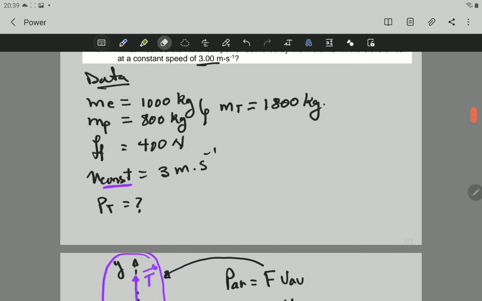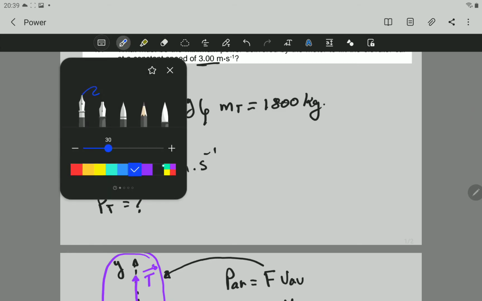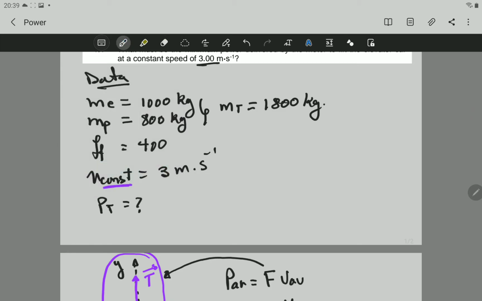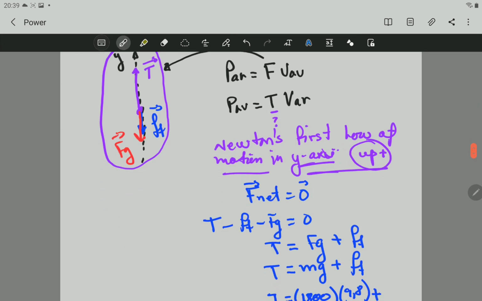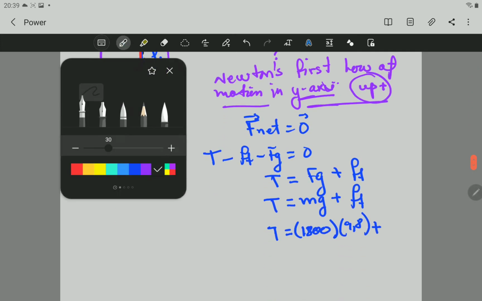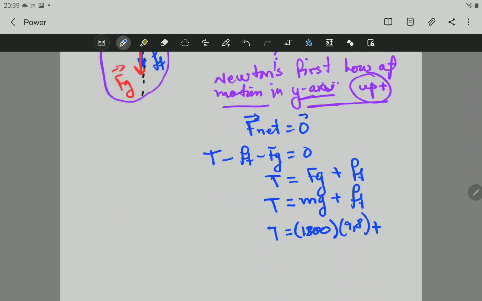So let's fix this one here quickly in the data. I'm very sorry about that. It's not 400, it's 4,000. You must be careful when you transfer data from the problem into the symbols. Okay, so it's 4,000 Newton. We go back here, plus 4,000.